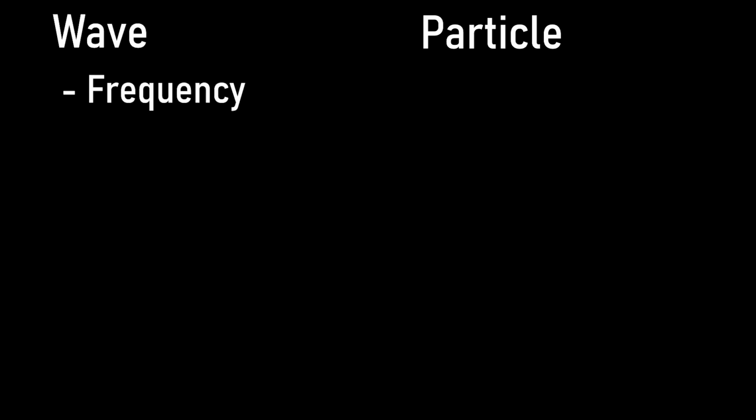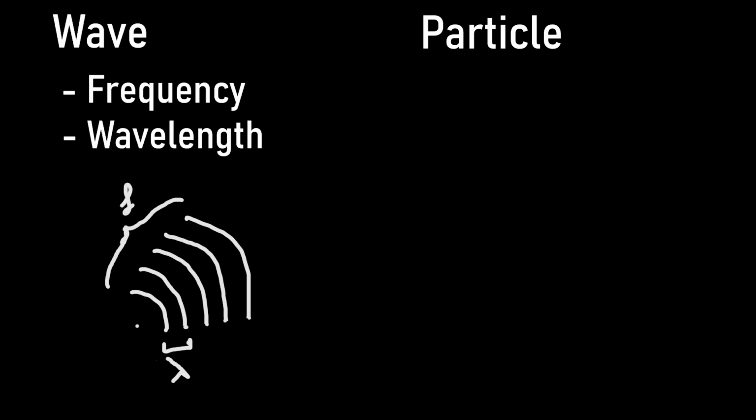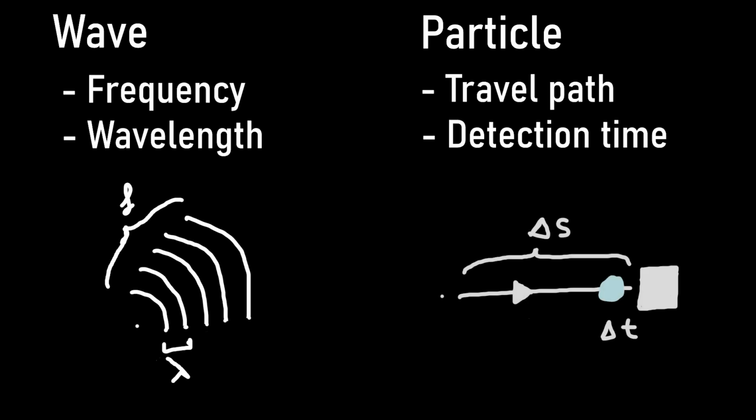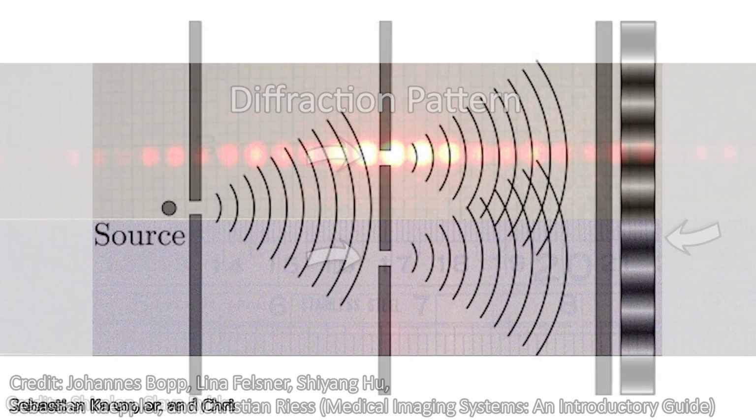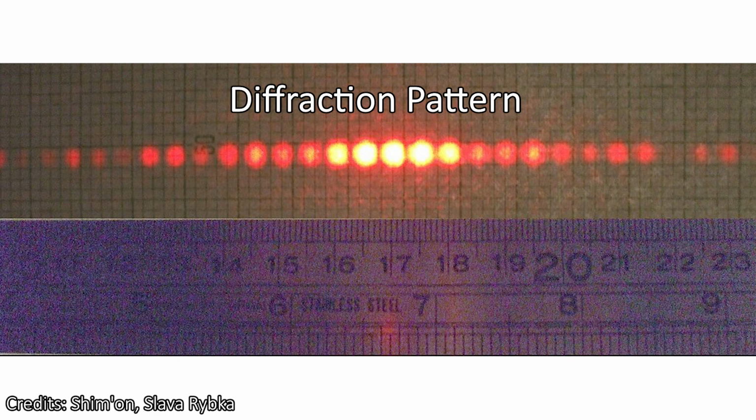They have a frequency and a wavelength, just as a wave. However, they have a set travel path and a detection time, just like a particle does, which is what I use for my research. The famous Young's double slit experiment shows this duality perfectly. When you have two slits and you pass light through it, the wave nature of light shows, and you can see diffraction on the other side from the constructive and destructive interference.